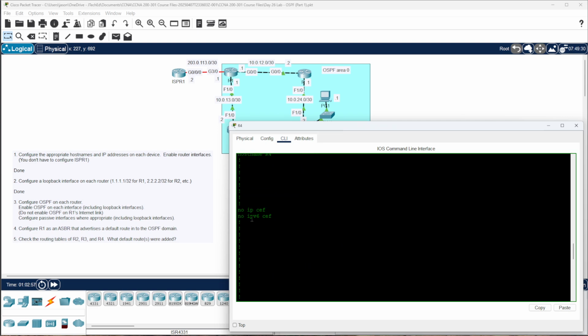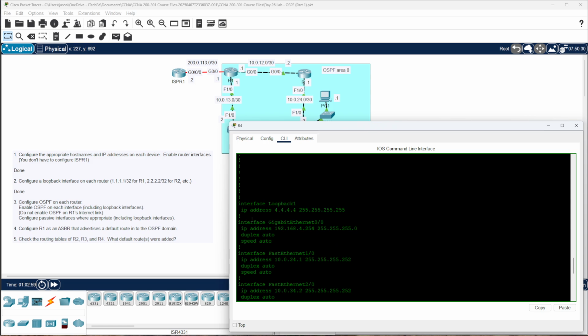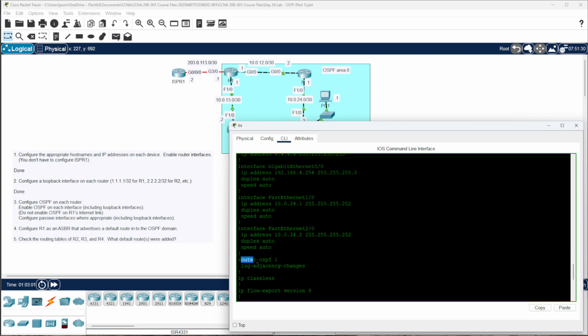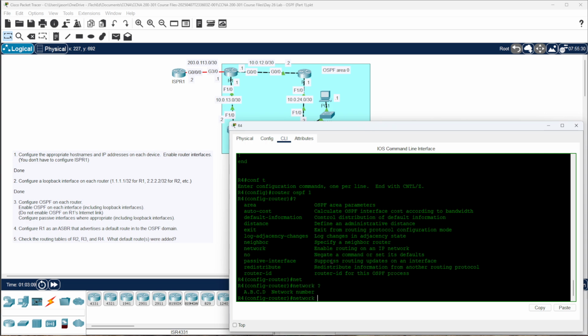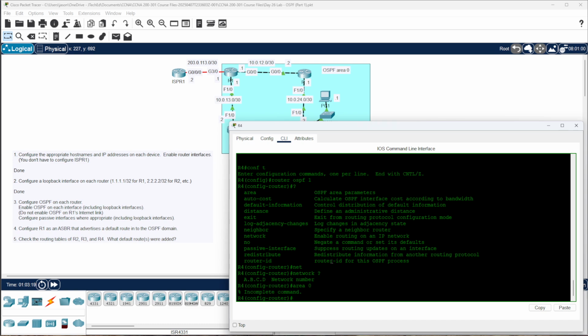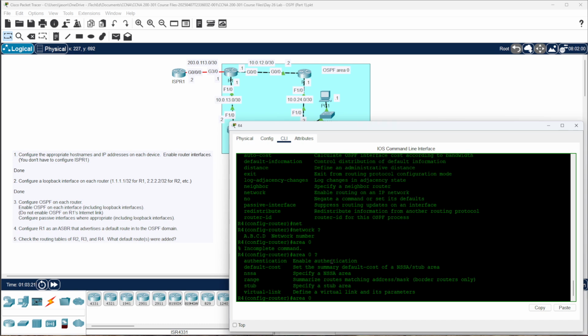We look up here, we've got this guy. So how about, yeah, there we go. So network, do we want network? I think we do. No, we want area 0. I think we want area 0. No, area 0.